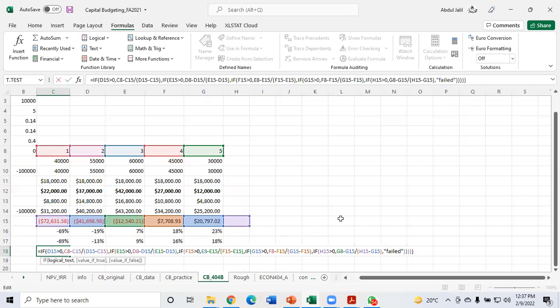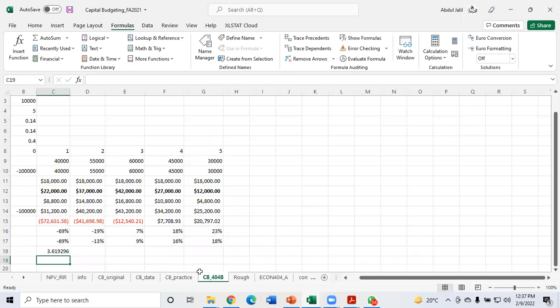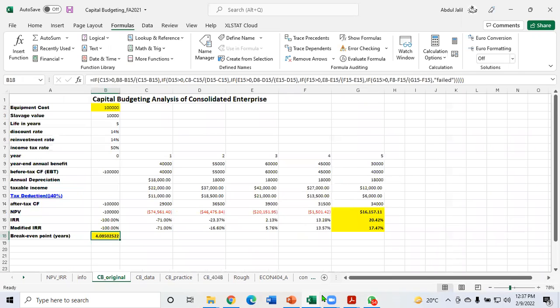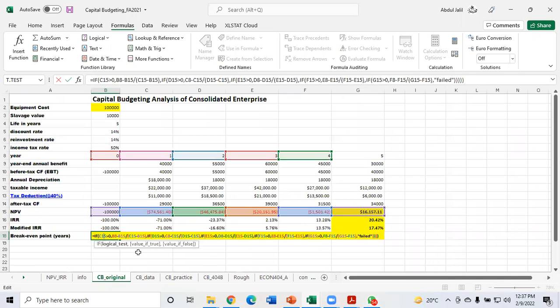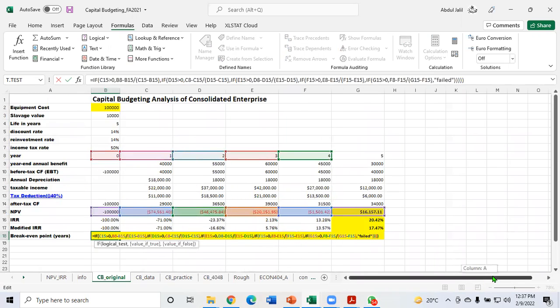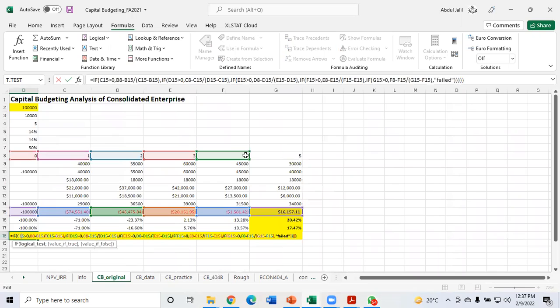Which should not be, I think, in the case of the original formula. Let's see what the situation is in the case of the original formula. It should stop at 4, and then if we consider the fifth value, it will move to the right side. So we have to be considerate about that.